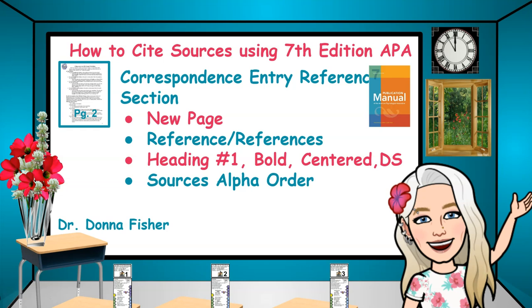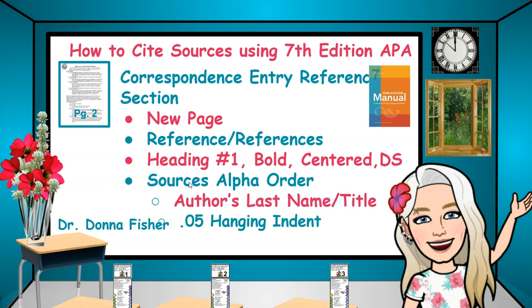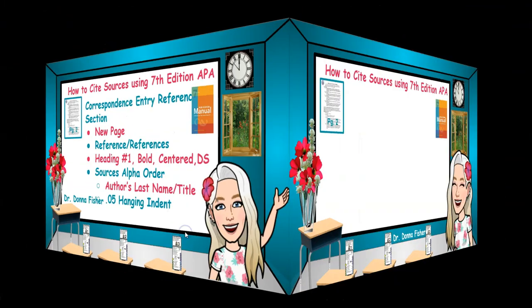You'll ignore any articles, a, an, or the, for the alphabetical. So you only put it in by title if you don't have an author. Otherwise, it's in alphabetical order by author's last name. And then everything is 0.5 with a hanging indentation.